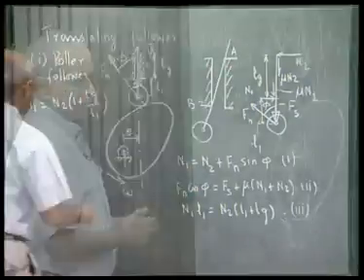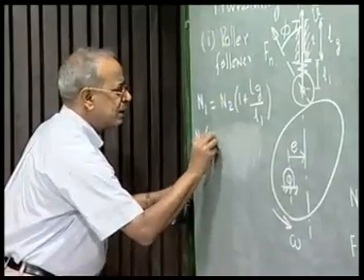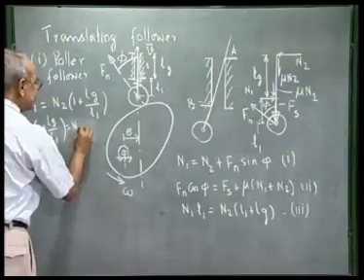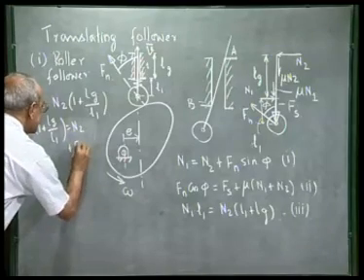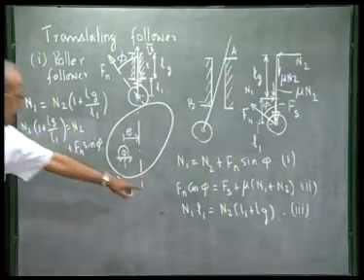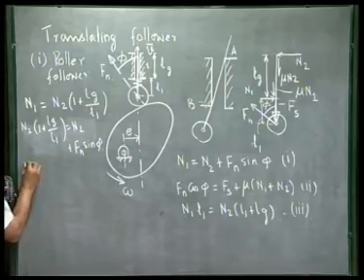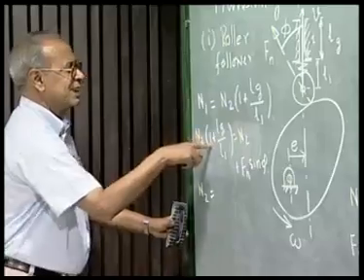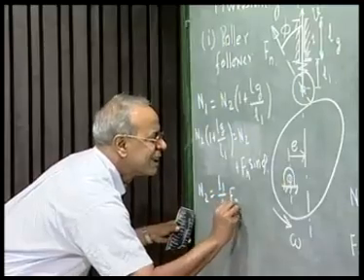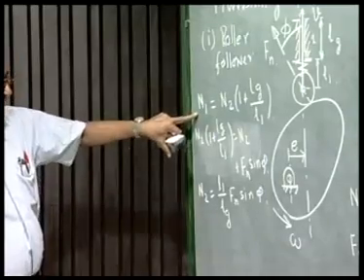And substitute it here, we write N1 equal to this, so I write N2 into 1 plus Lg by L1 is equal to N2 plus Fn sin phi. I'll substitute for N1 here from this equation. So I get N2 is cancelled, so L1 by Lg into Fn sin phi. This is equal to N2 and N1 I can get from here.